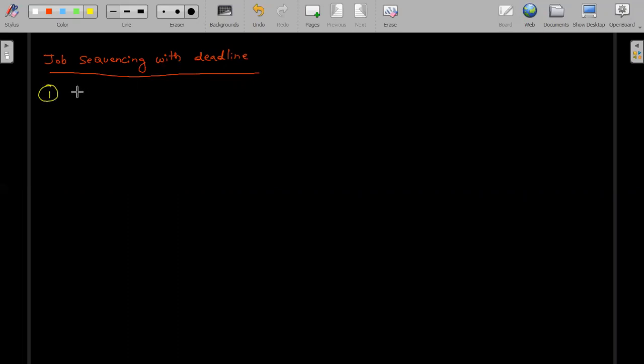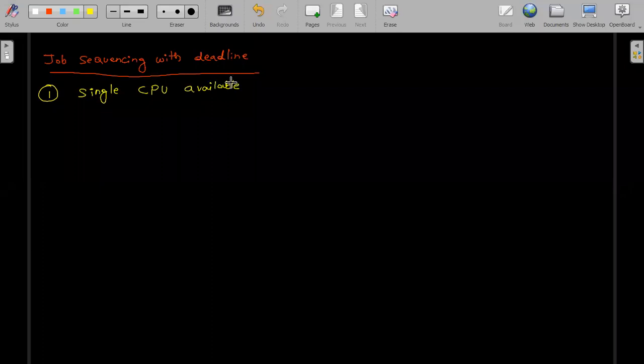First one is, in every computer we're going to have a CPU. So how many CPUs are we going to have? Basically a single CPU available. Okay, that is one.